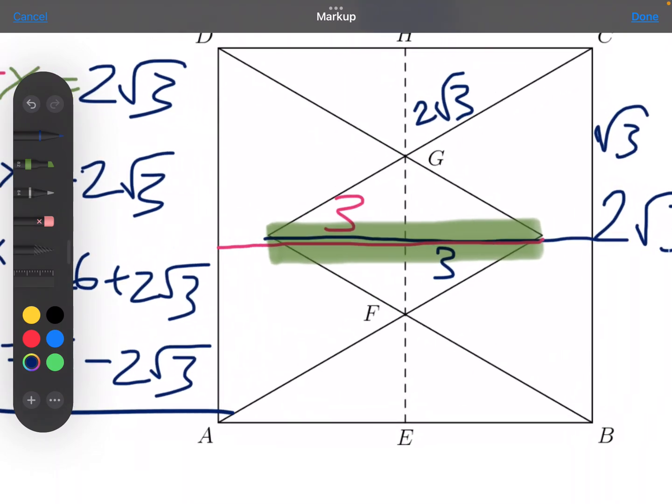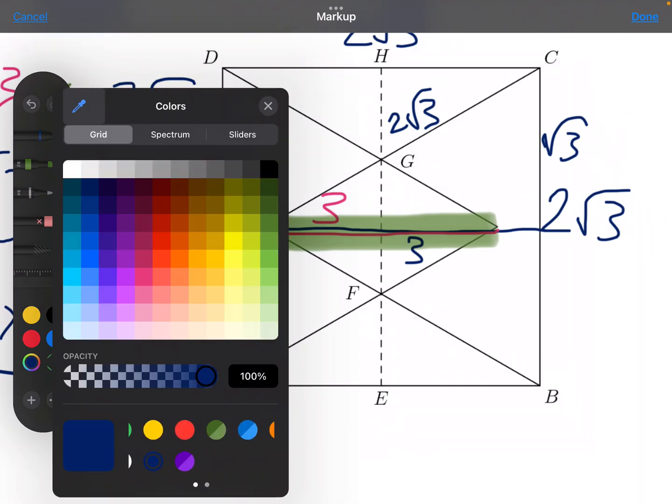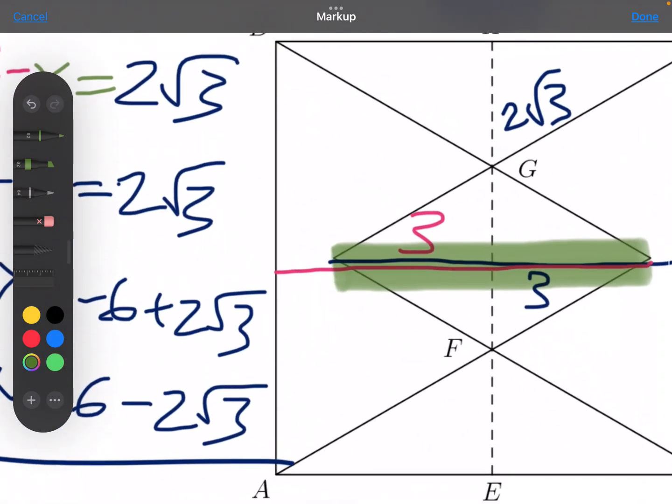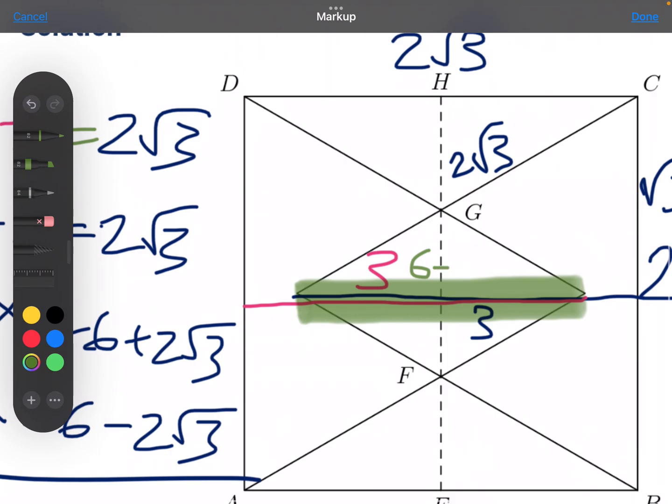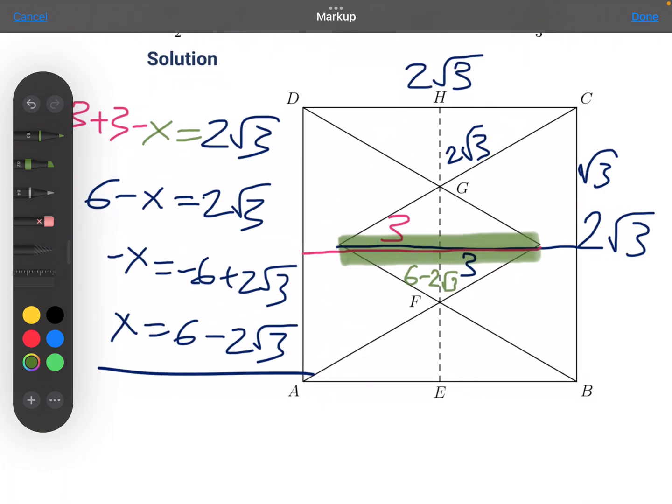So this long thing, this green strip over here is going to be 6 minus 2 square root 3. Actually, I'll write it on the bottom because I'm going to mark something on the top later. So that is the overlap. We're going to clear some space over here.